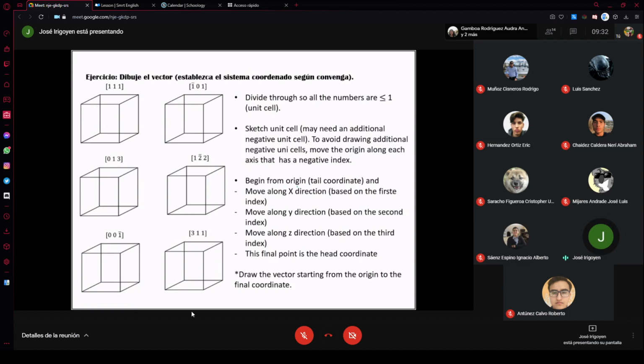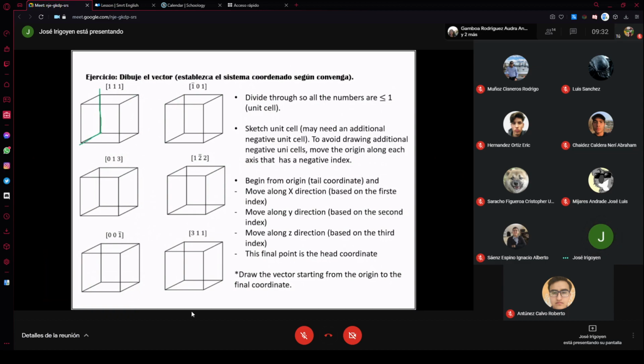Now start from the origin or the tail coordinate and move along x direction based on the first index. So because we don't have any negative number here in the Miller index, we can place the axis or the origin here.